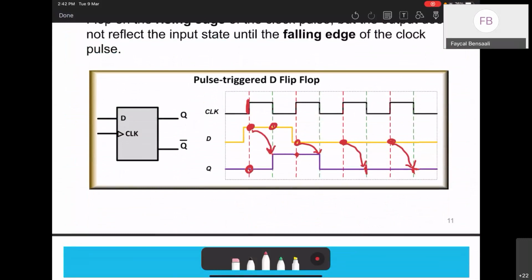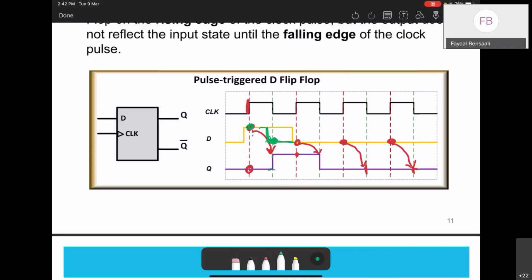Do you understand? So let's say if I change this one, this was like that, so it becomes 0 here. We are taking this value here. We are not taking the new value here. As you can see at this edge, now it's 0. I'm not putting here Q equal to 0.